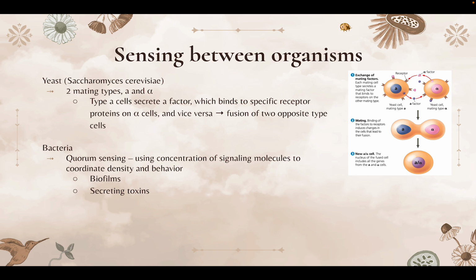The type A cells secrete an A factor, and the type alpha cells secrete an alpha factor. And those A factors bind to a specific receptor protein on the surface of an alpha cell and vice versa. And what happens there is the alpha cell and the A cell fuse and they mate.